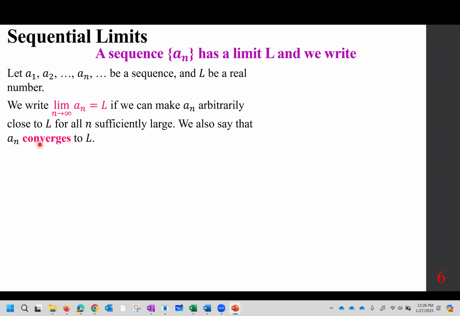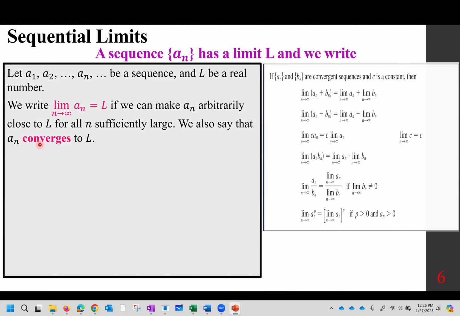We also say A sub n converges to L. So when that happens, if A sub n and B sub n are convergent sequences and c, some number, is a constant, then the limit of A sub n plus B sub n as n approaches infinity is equal to the limit of A sub n as n approaches infinity plus the limit of B sub n as n approaches infinity, meaning the limit of the sum is the sum of the limits.